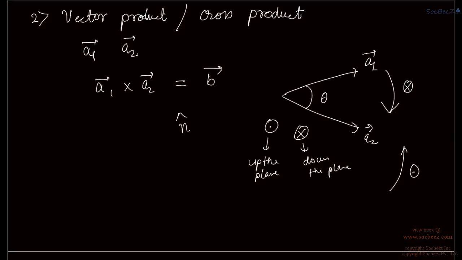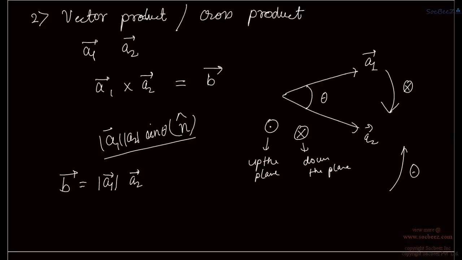The magnitude of A1 cross A2 is defined as magnitude of A1 times magnitude of A2 into sine theta, and the direction we have already explained. So B vector is magnitude of A1 into magnitude of A2 sine theta, in the direction of N vector. This is defined as the vector product, or cross product, of two vectors.